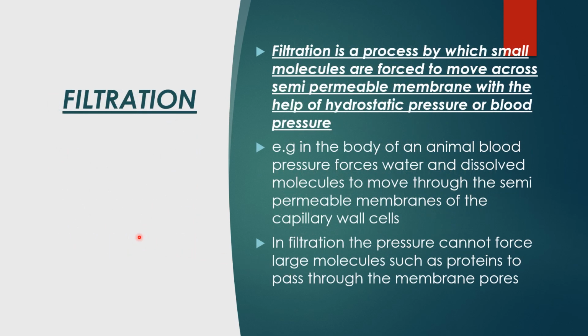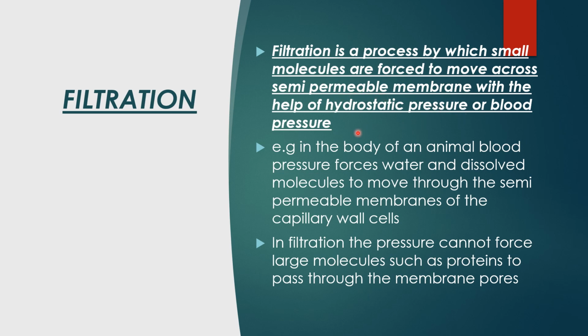Next we will discuss the topic which is how materials can move through cell membrane by filtration. Filtration is a process by which small molecules are forced to move across semi-permeable membrane with the help of hydrostatic pressure or blood pressure.